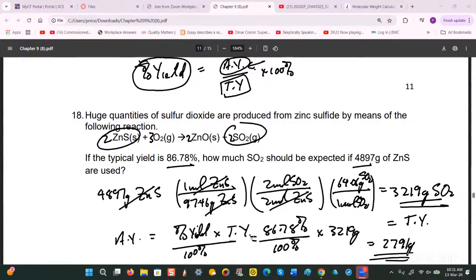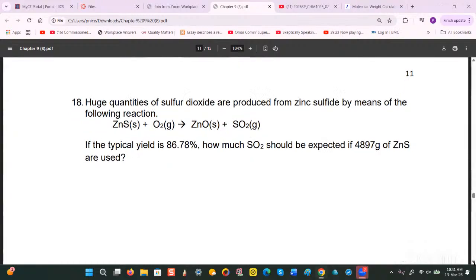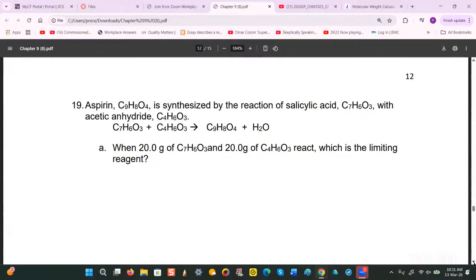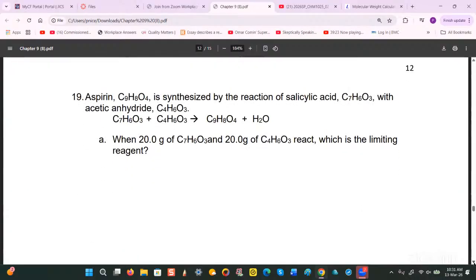Okay, let me clear this and scroll down. Okay, let me see here. I'm going to leave number 19 for you to do. Again, make sure that the equation is balanced.